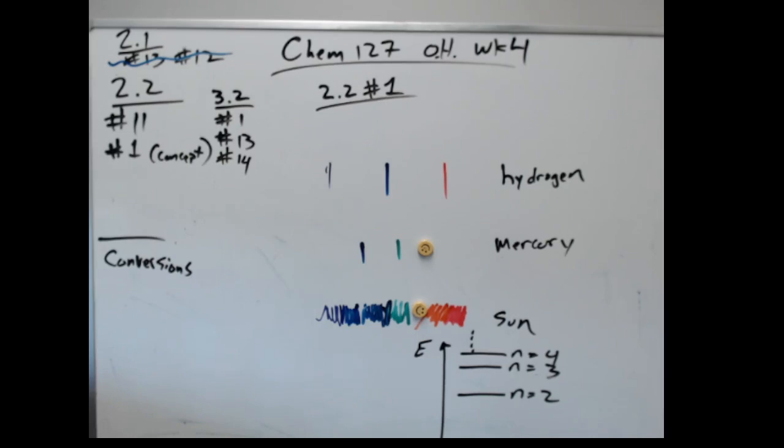But it's quantized, so you have specific energy levels that are allowed and gaps where it's not allowed. We never have a 1.5. You never have an n equals 1.5. It's 1 or 2 or 3, nothing in between. And that's where that specific quantity and that quantized idea come from.